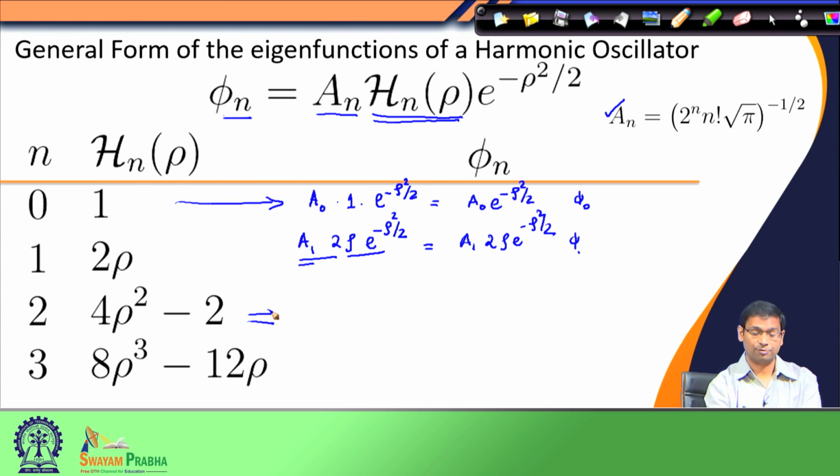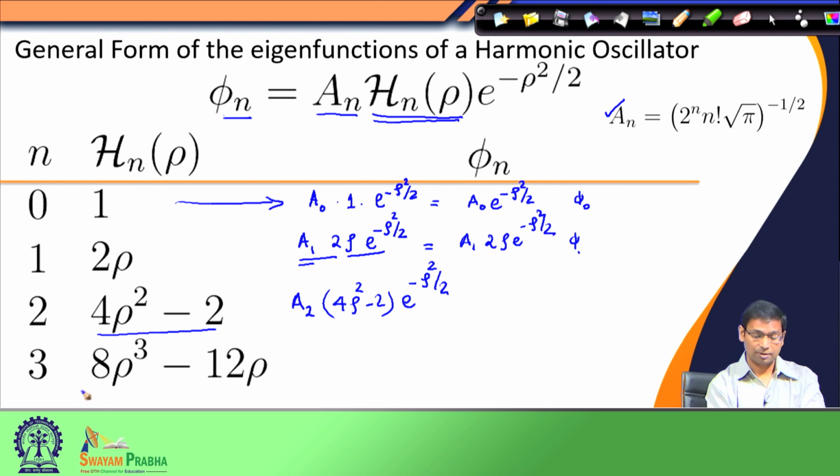Similarly, when I try to write down the eigenfunction corresponding to n equals 2, we can write down the eigenfunction phi 2 as a 2 multiplied by the Hermite polynomial 4 rho square minus 2, multiplied by e to the power minus rho square by 2.